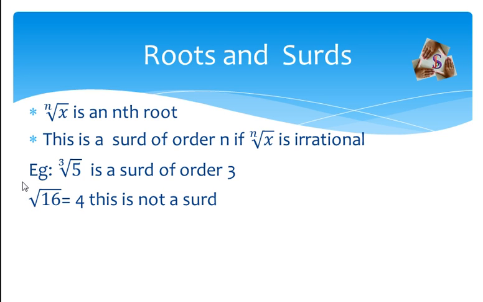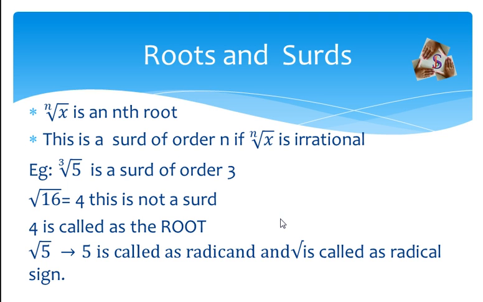Then root 16 cannot be called as a surd. Then 4 is called as a root. Now when I take a surd, root 5, this is a surd. Then 5 is called as the radicand, and the root sign is called as the radical sign.